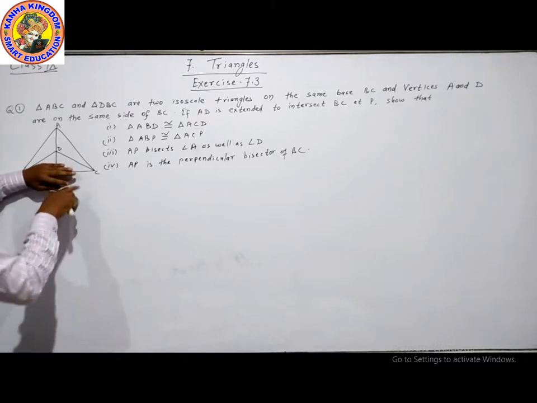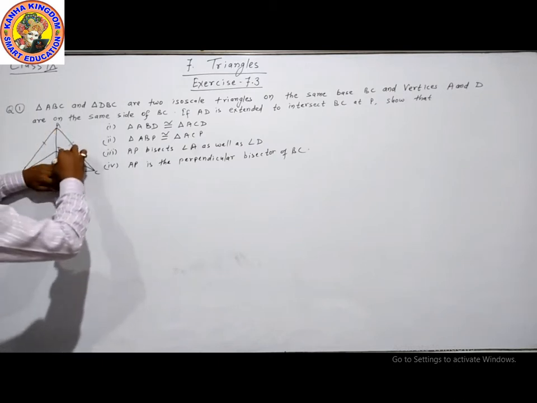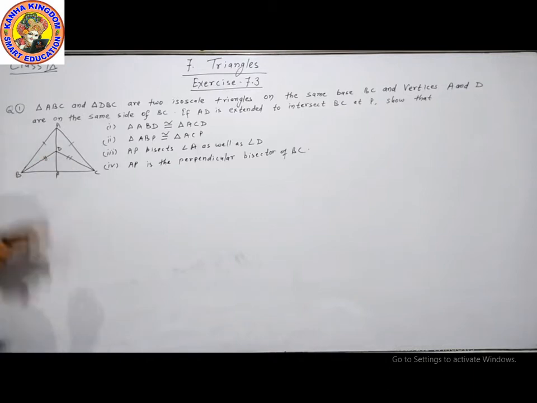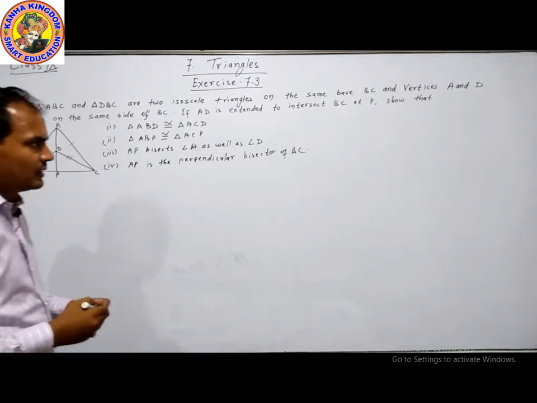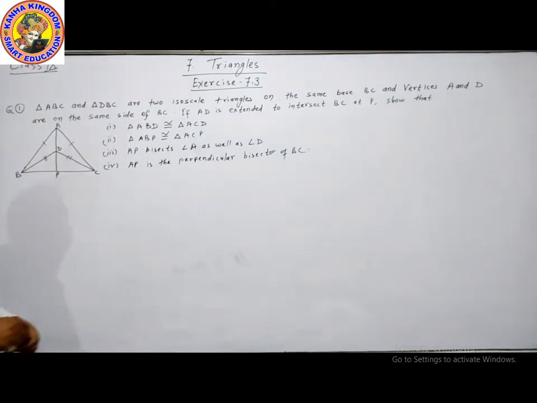In isosceles triangle, this side and this side are equal, this side and this side are equal. Vertex A and D are on the same side of BC, the upper side of BC. We take the upper side of BC. We can also take the lower side of BC, but A and D are on the same side of BC.